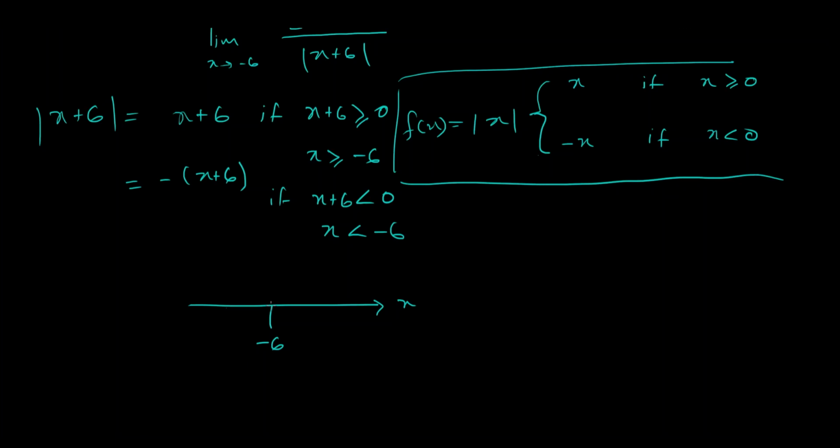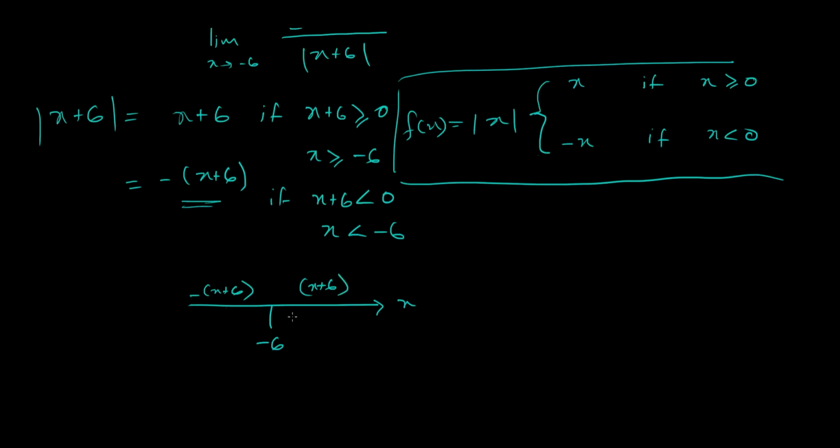Whenever x is on the left side of minus 6, it is less than minus 6, so for this part of the function we will be getting minus (x plus 6), and whenever x is greater than minus 6, it will be x plus 6.